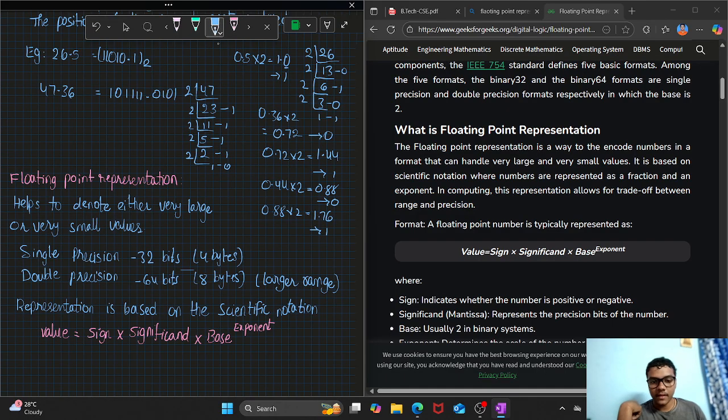This is how we represent it. Sign indicates whether positive or negative, and significand or mantissa represents the precision bits, obviously.